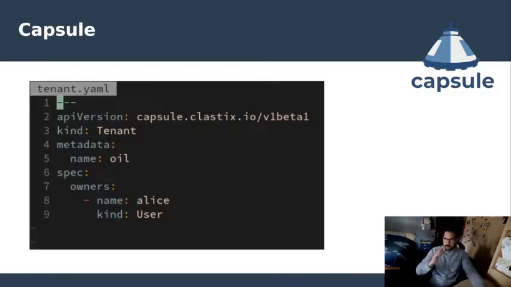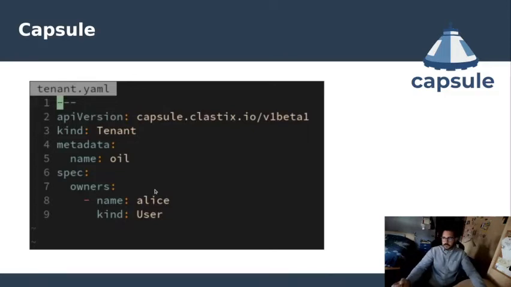Let's see an example of a tenant CRD. I'm now a cluster administrator. So as you can see in the metadata, we are specifying the tenant name. Then into the spec branch, we can specify many attributes.